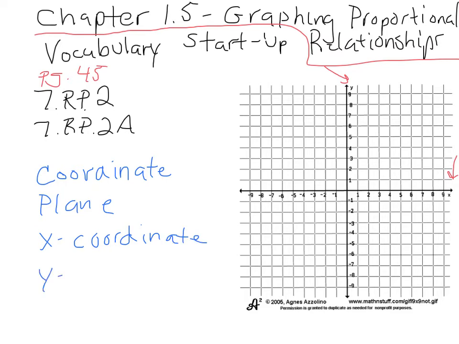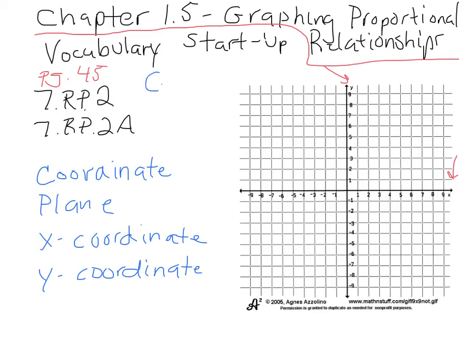And y-coordinate, it's another vocabulary word. So, an x-coordinate, it's simple. It corresponds to the value or the number on the x-axis, and the y-coordinate corresponds to the number on the y-axis. So, together, those make up an ordered pair. You'll see that word as well.